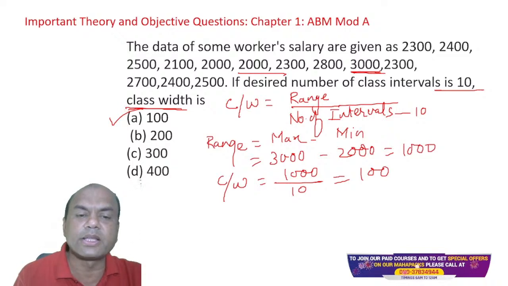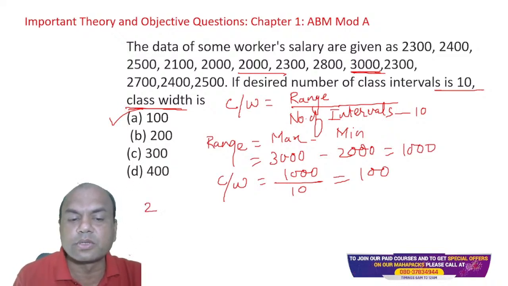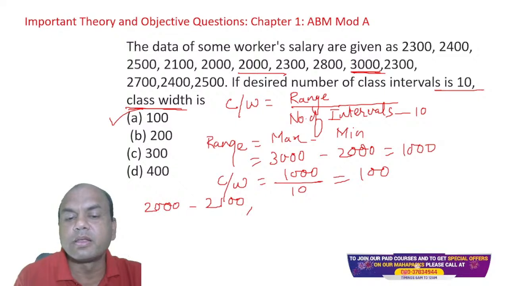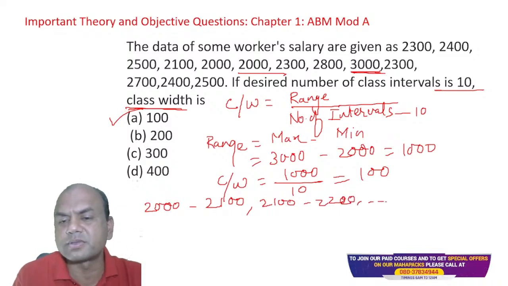It means when I start arranging these numbers, I'll be arranging them like this: 2000 to 2100, the lowest number, and then go on adding 100. Then 2100 to 2200, and so on, up to the last number, 3000.